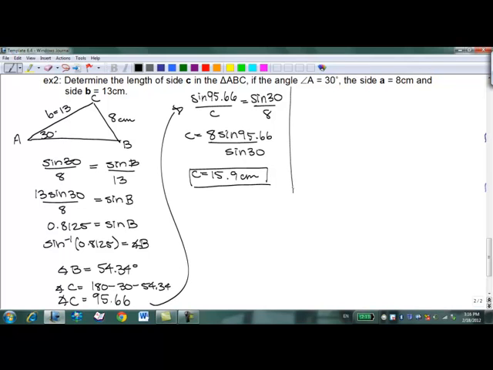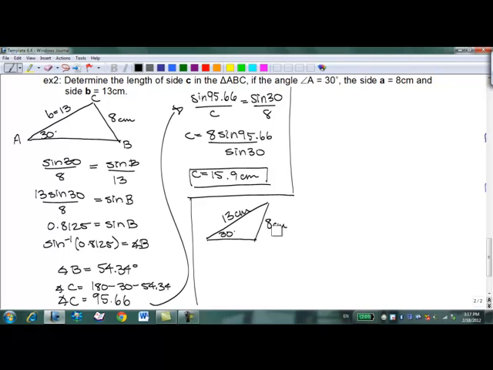But let's consider the case where maybe it was the other situation going on. Maybe it was a triangle that looked like this. Again, that's 30 degrees. This is 13 centimeters. That hasn't changed. And this is 8 centimeters.